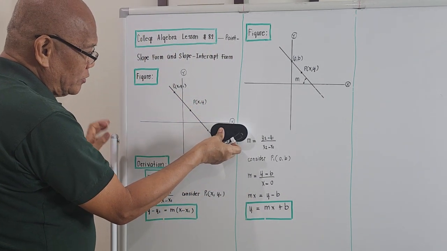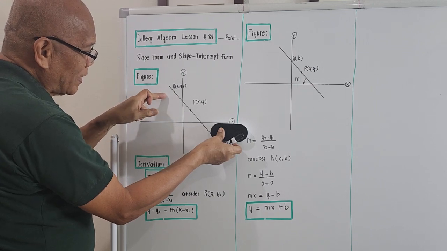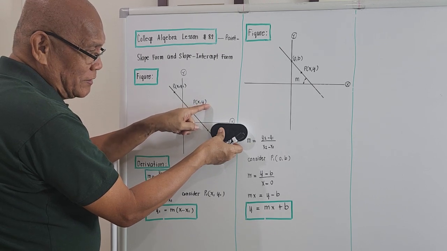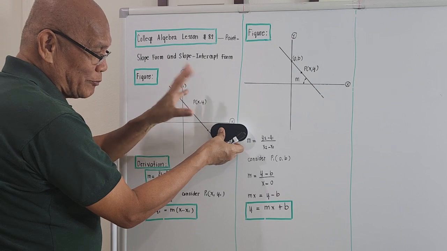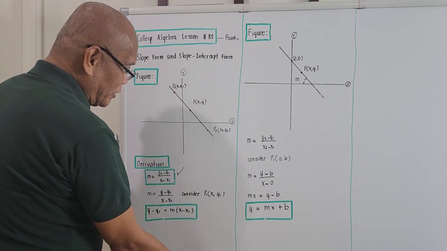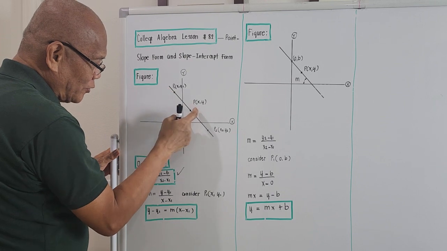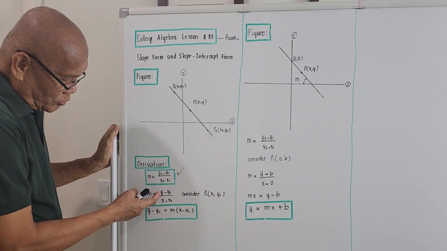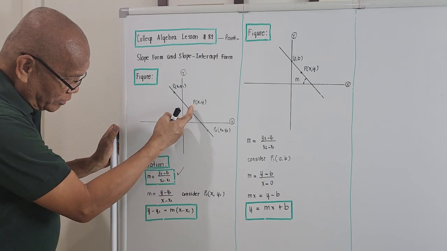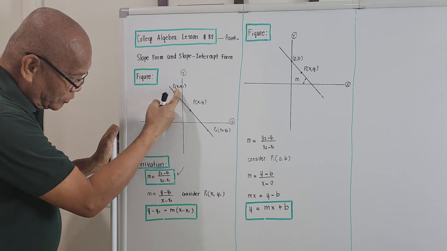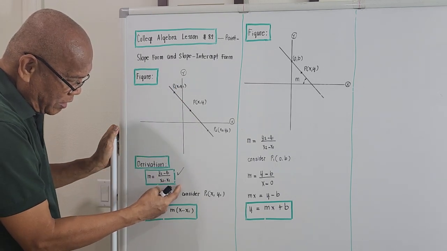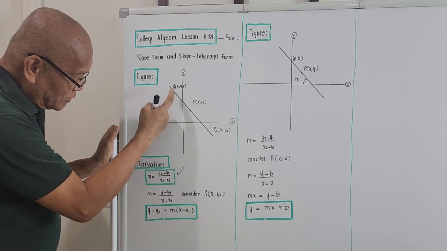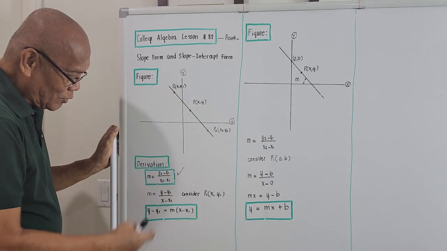And again, we try to take the slope considering P1 and any point P on the line with the coordinates x, y. No more subscripts because we are solving for the equation already. So considering for the meantime point P1 and this point P here, by using this slope formula, m should be equal to the difference in y, the ordinate of this point, minus the ordinate of this, minus y sub 1, and this should be equal to x, the abscissa of this point, minus the abscissa of this, that is x minus x sub 1.